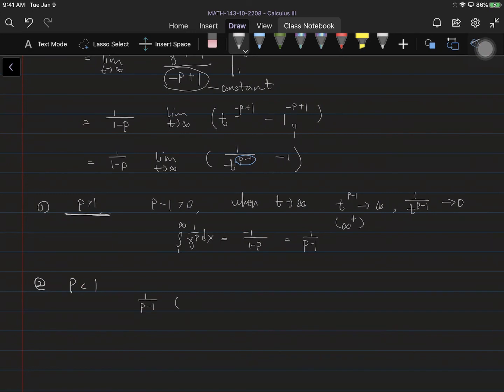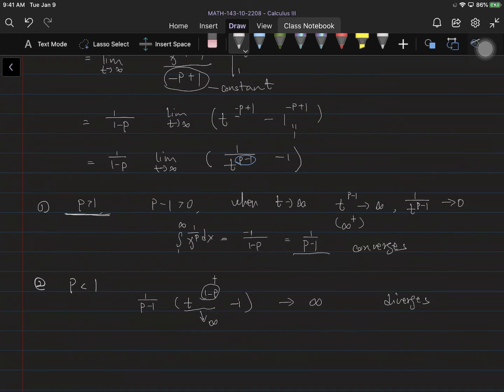When p is less than 1, this exponent is positive, so it's infinity to a positive power. So this term goes to infinity, and in this case the integral diverges.